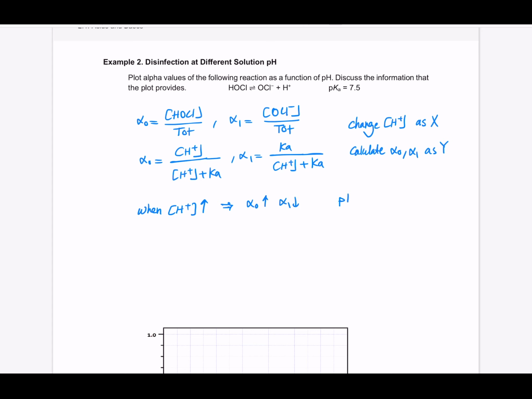Or in the pH scale, higher values of H plus activity mean lower pH. So at lower pH, alpha 0 is 1, and alpha 1 is going down.